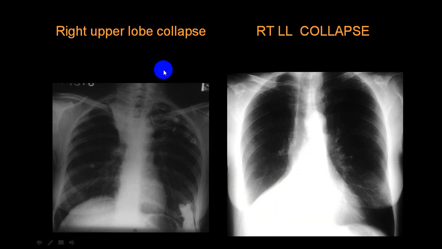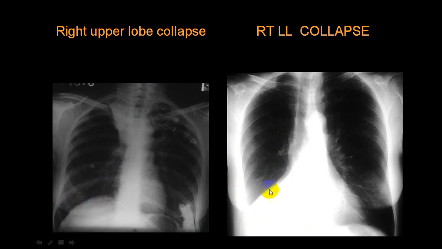So in a collapse, three things will happen. Shrinkage of a lung. Trachea will be pulled towards the same side. Hilum, depending upon the lobe. If it is an apical lobe, pulled up. If it is a lower lobe, pulled down. And diaphragm will be pulled up.